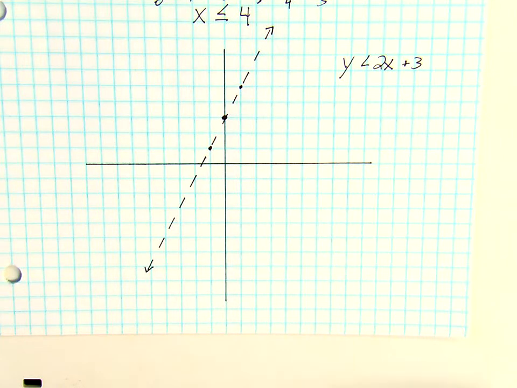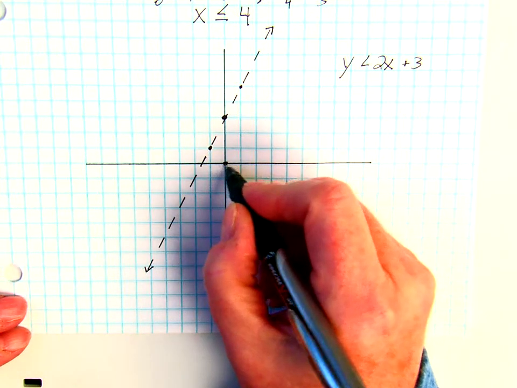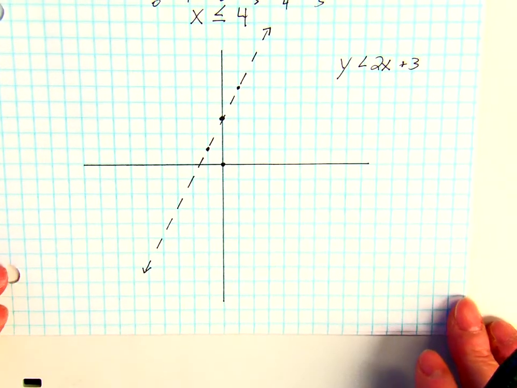The best way to do that, especially when you're starting out, is to test a point. For me, the easiest point to test is good old origin 0, 0.